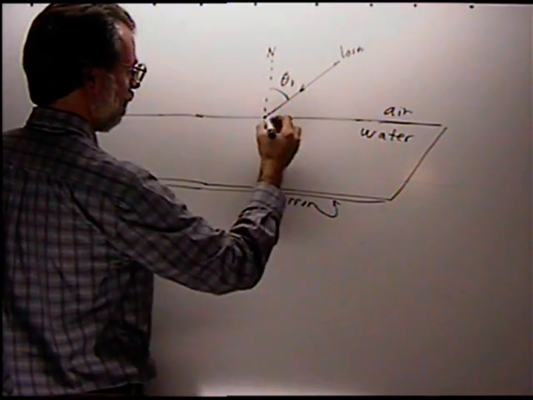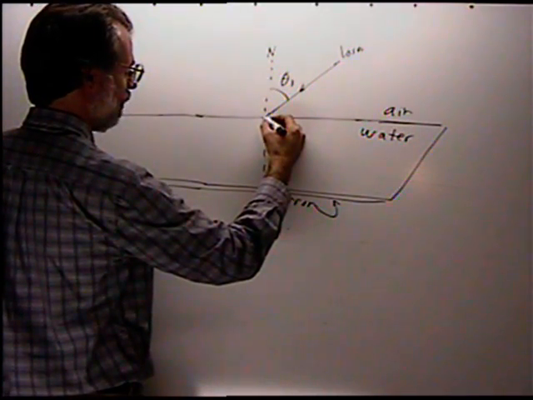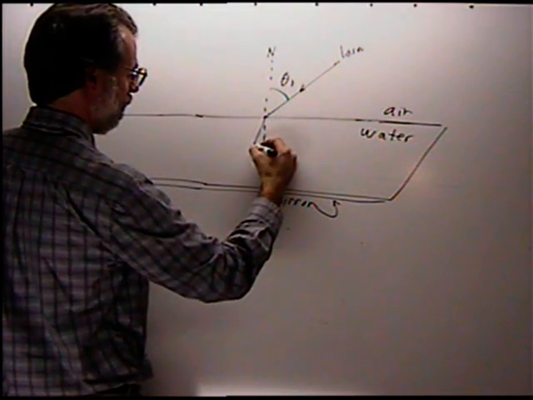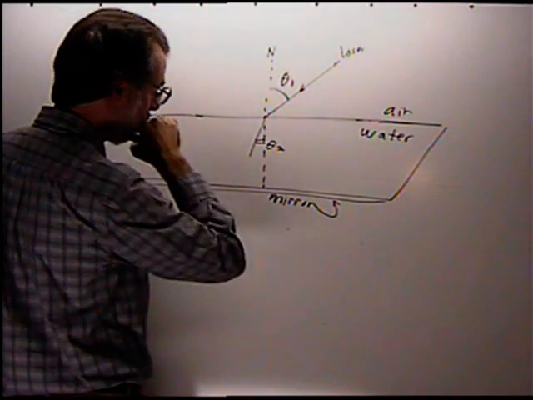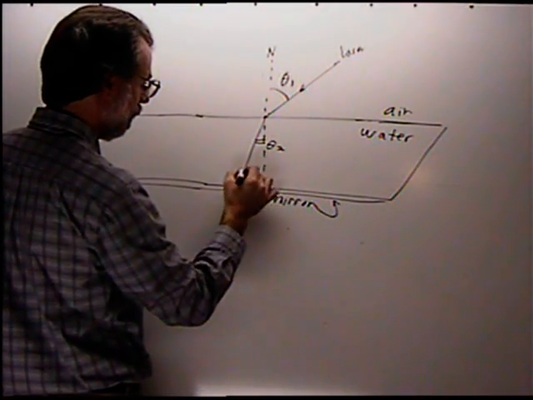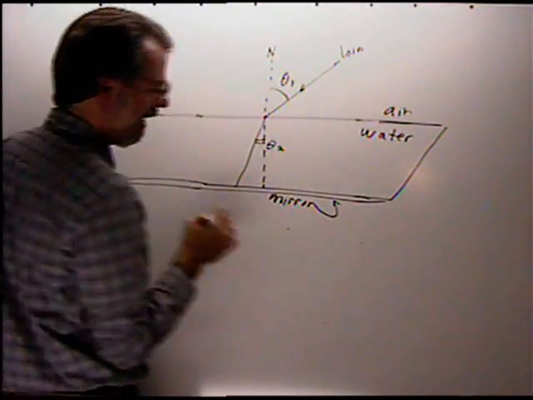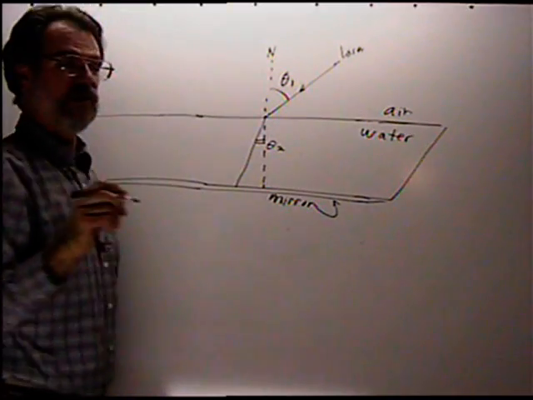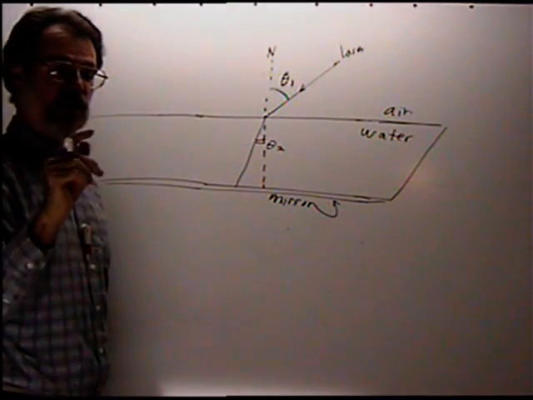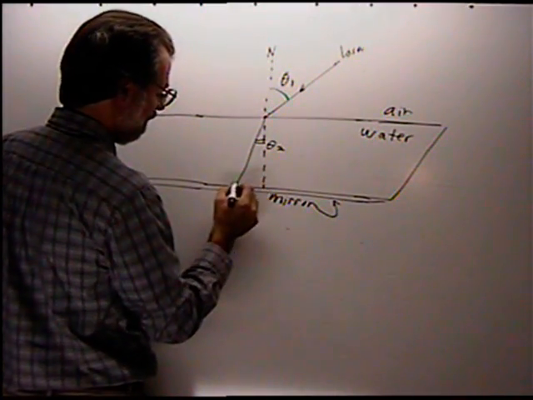This is the index of refraction of water. We're going to get Snell's law of refraction. The ray is going to refract right here. Here's theta 2. There's a thin sheet of glass right here at the bottom of the Pyrex, but for practical purposes, we're just going to ignore that. It's going to shift the laser beam a little bit, but we're going to ignore it.